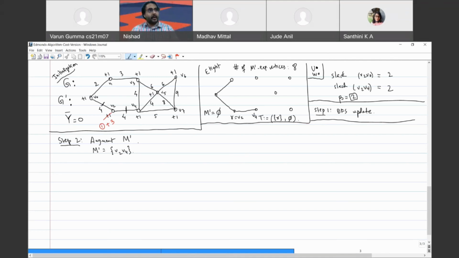Remember, in the Hungarian algorithm, whenever we updated the matching, we basically restarted the whole tree, right? Every time we augmented the matching, we started with a single vertex tree by choosing some exposed node as the root. And if there is no exposed node, then we have a perfect matching and we are done, right? So now I'm going to choose some arbitrary exposed vertex as my root.